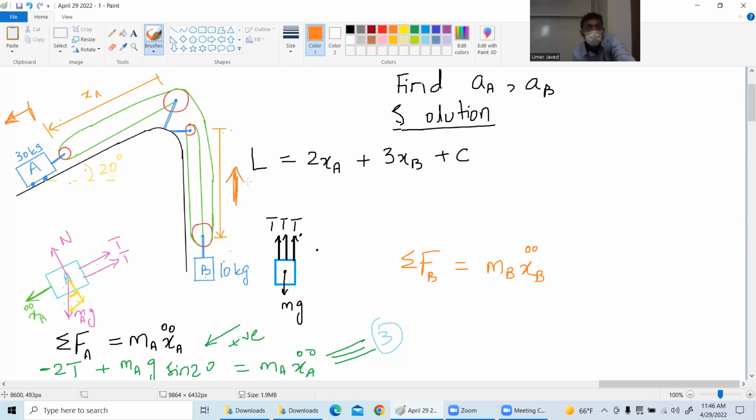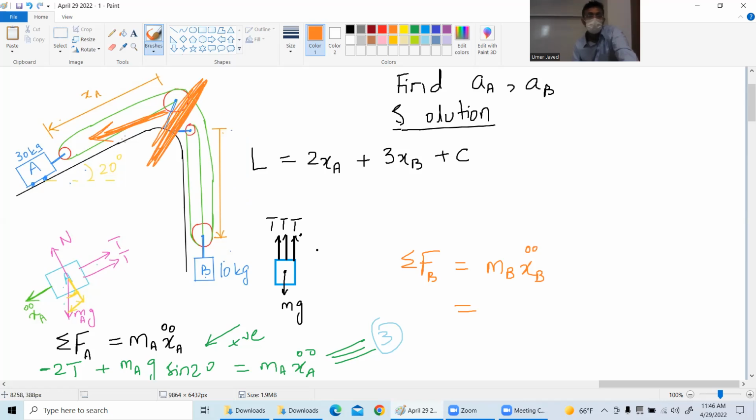Surely this fellow will go up. So I will say that this, according to my reference, is the positive direction, because your reference is between the two fellows.